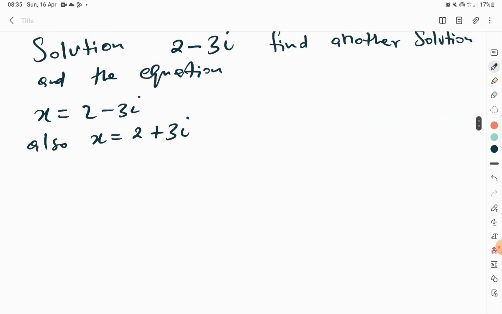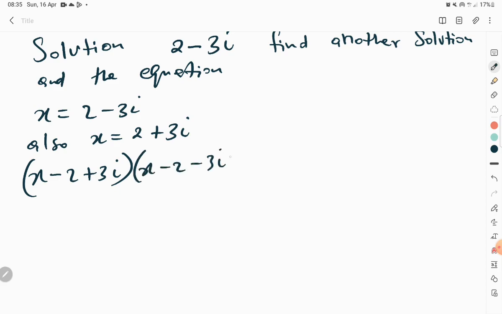Now ours is to say x, then you take this one to the left side, which is going to be x minus 2 plus 3i for this one. Then for this one it is going to be x minus 2 minus 3i. So we have that. We just moved back to find factors if we have solutions, which is something that you do in a forward direction when we were solving the solutions from the equation.